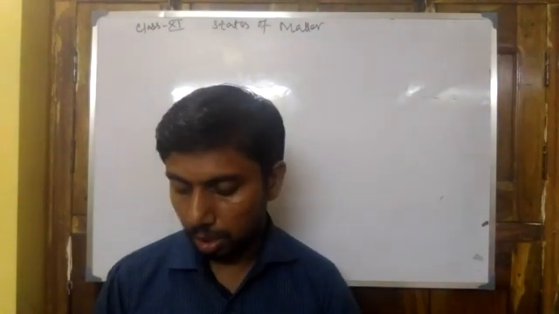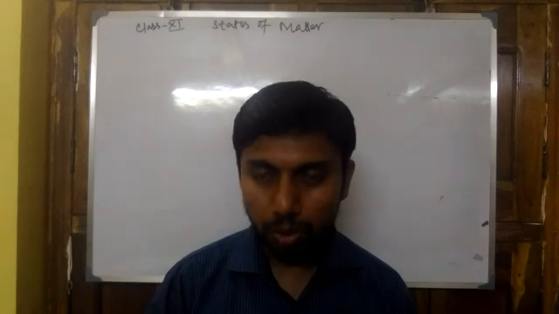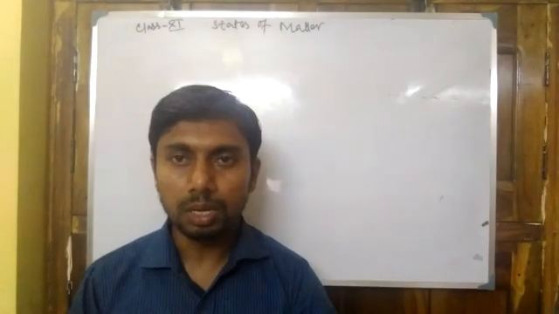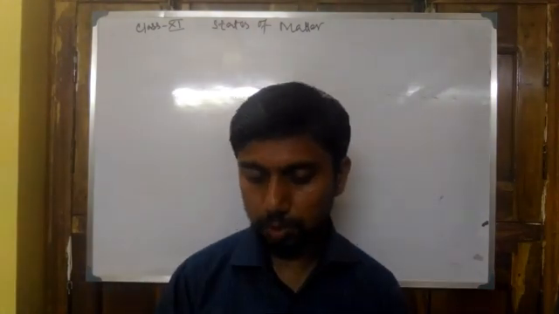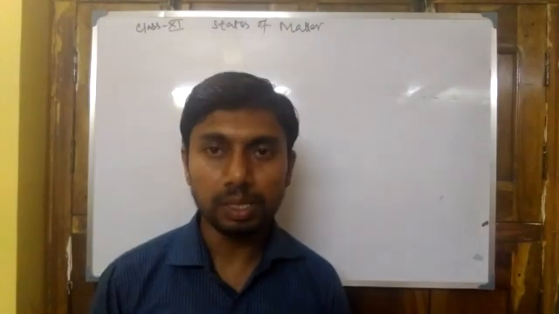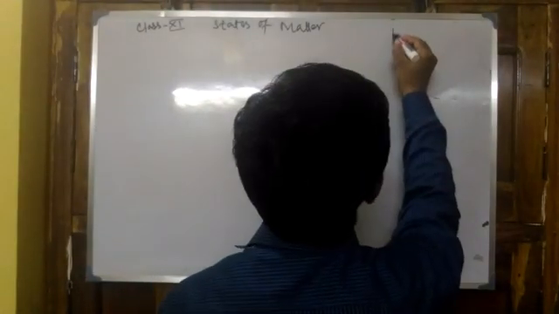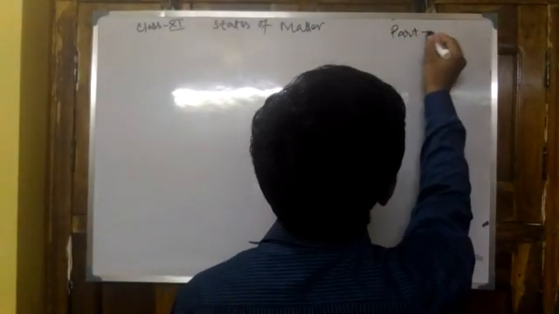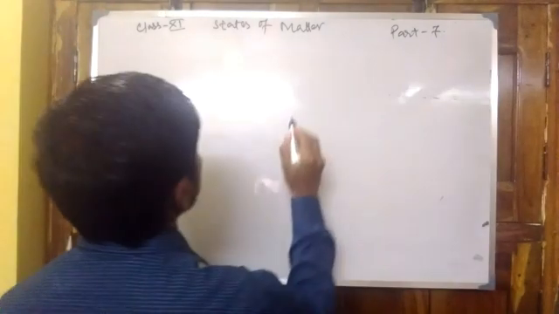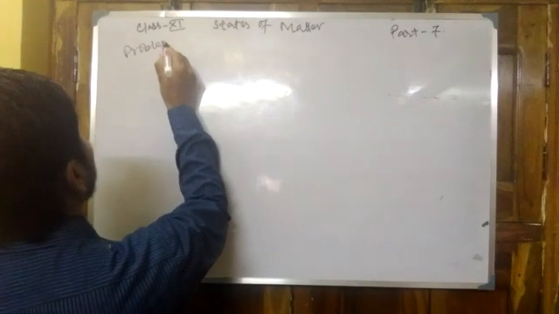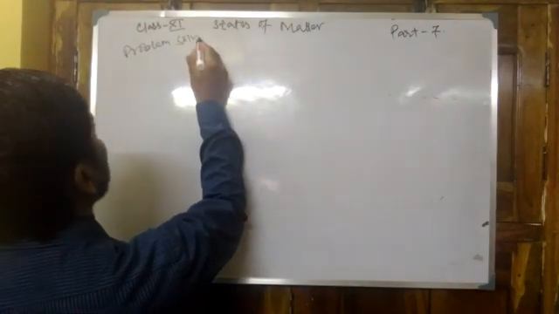Now in this part we will also discuss some of the problems and some short answer type questions from the same chapter. So it is part 7, States of Matter problem solving.